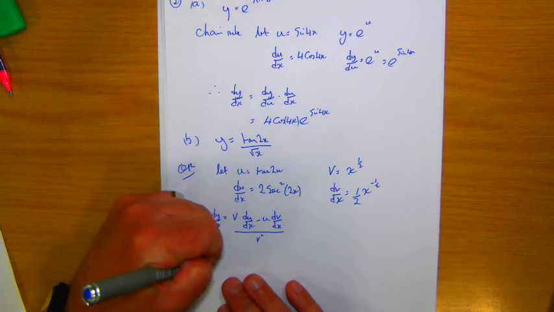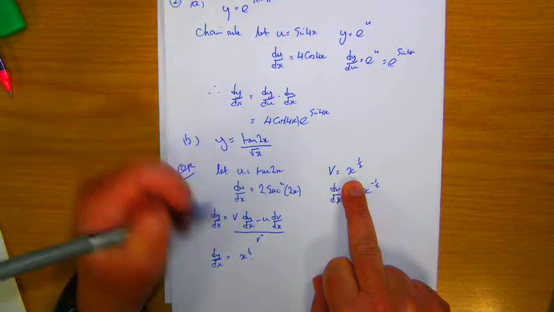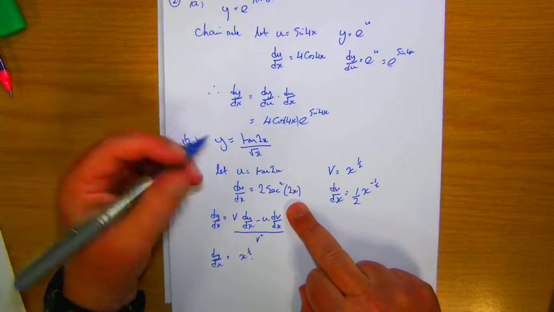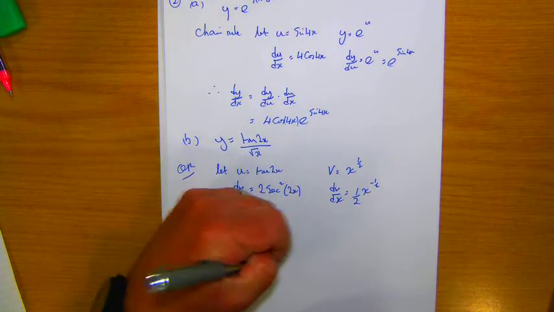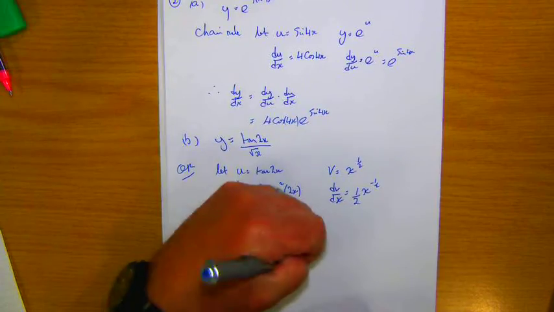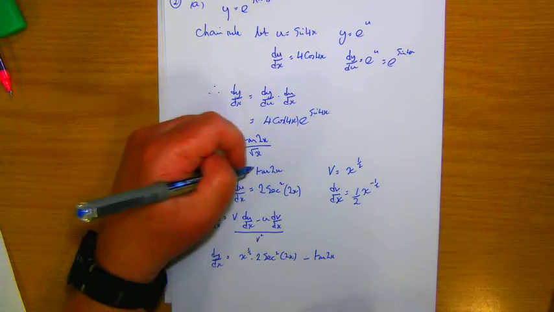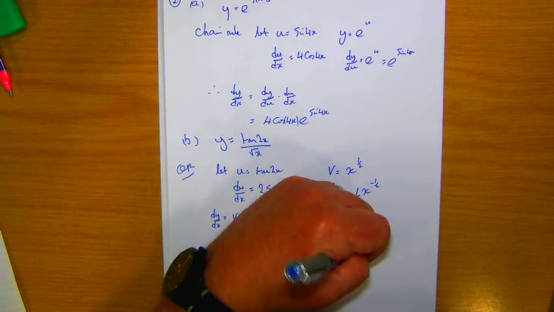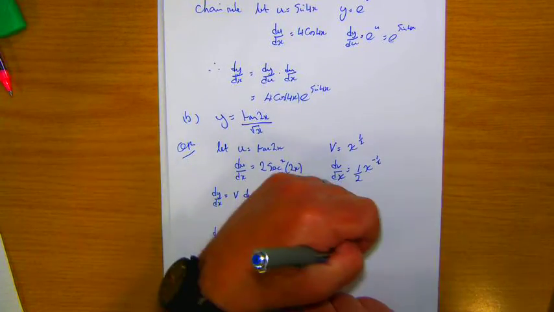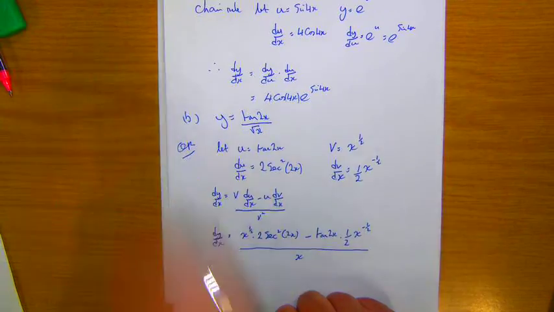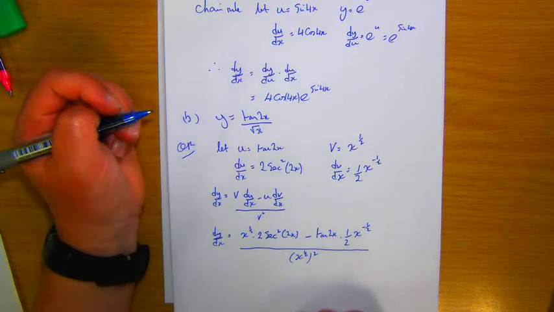So dy dx equals v, x to the half, times du dx which is 2 sec squared 2x minus u, which is tan 2x, dv dx, and that's all over v squared, which is basically going to be x to the half all squared.